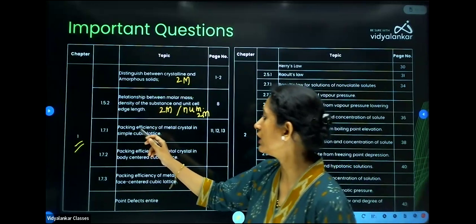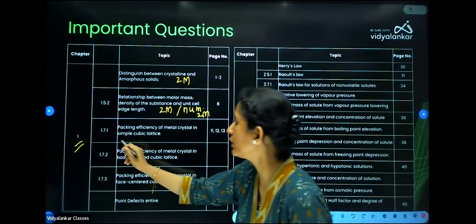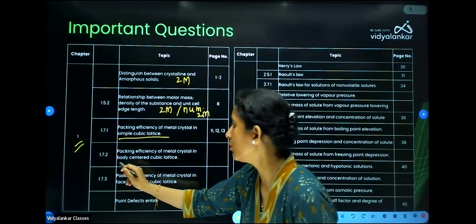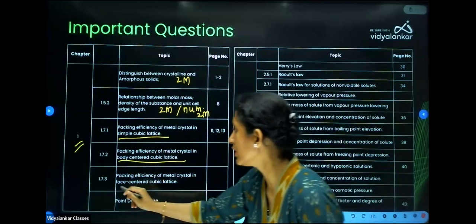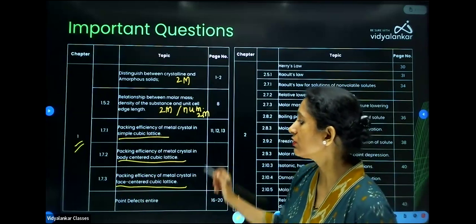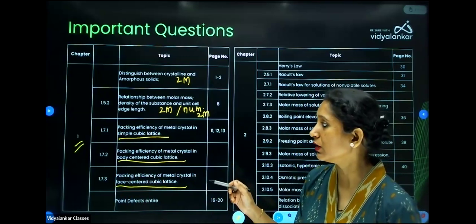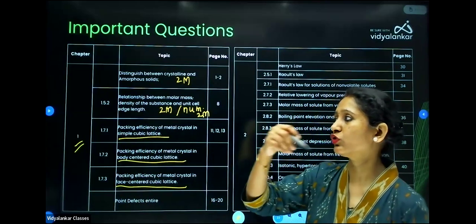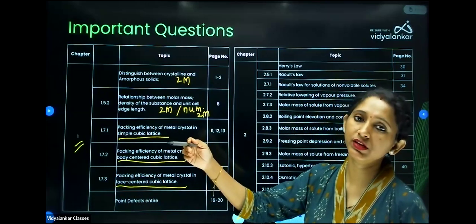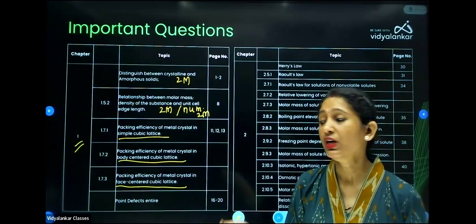Then all the packing efficiency calculations which are given with simple cubic lattice, body centered cubic lattice and face centered cubic lattice. Here this can be asked in mathematical form, like to find out the packing efficiency for SCC, BCC or FCC.